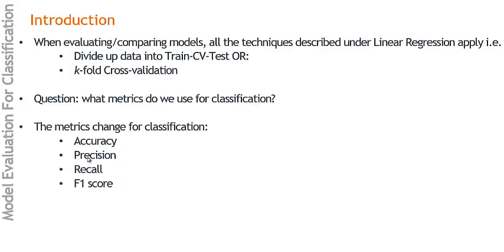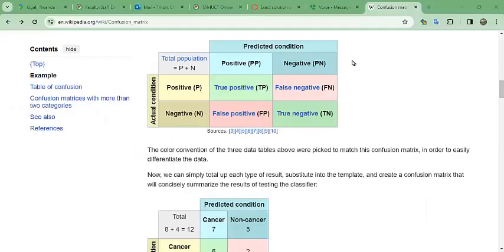Now, all of these concepts are based on what's called the confusion matrix. So let me briefly introduce the confusion matrix. This is from Wikipedia. When you see positive and negative, you can think class 1 and class 0. So that relates this table to what we've seen before.